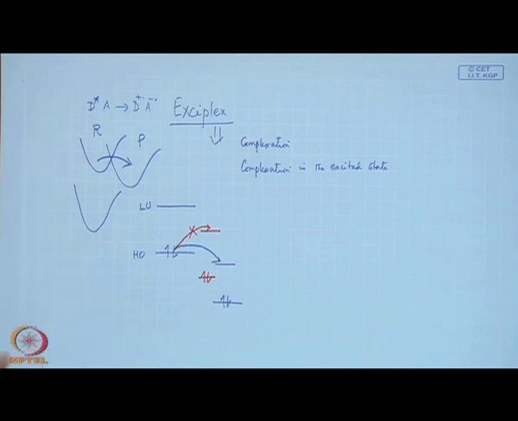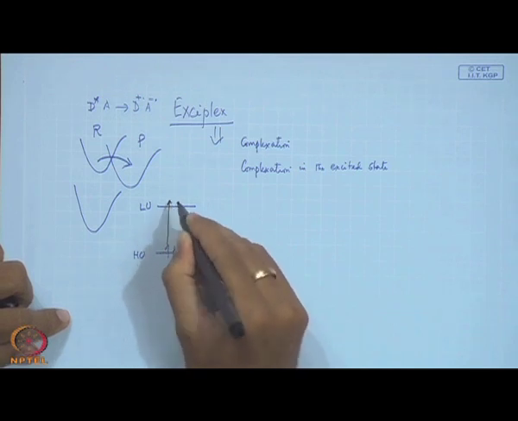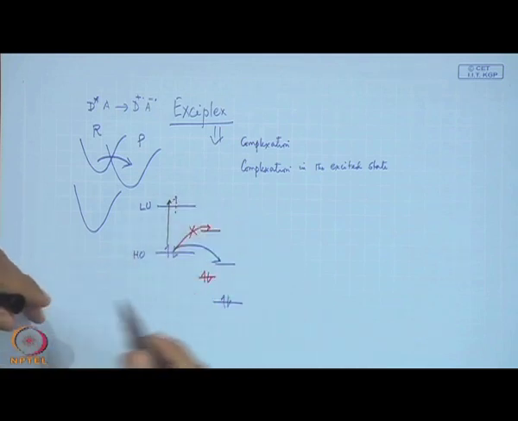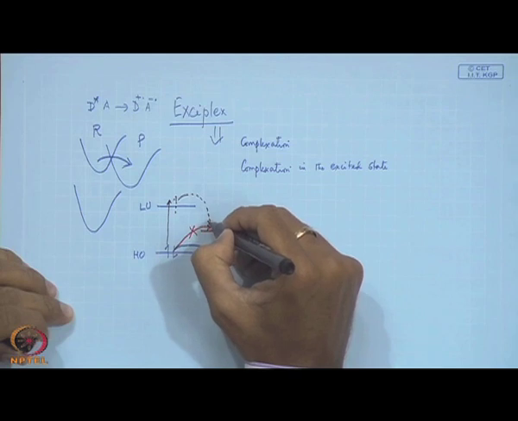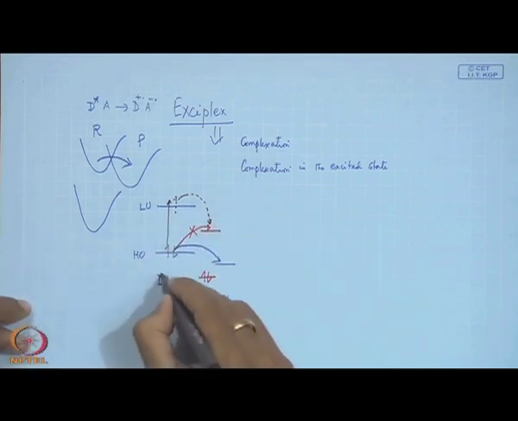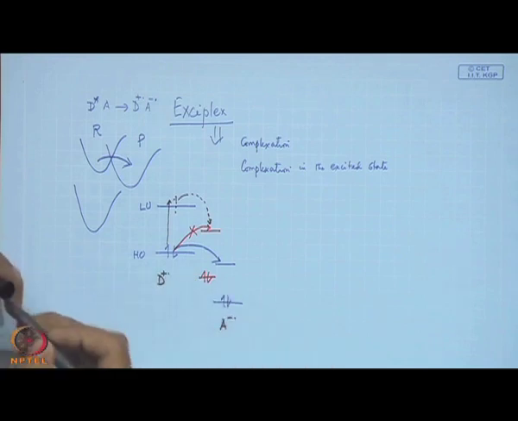So in that case what to do? The best thing, as I explained, is to excite the electron over here so that it comes up, and then it can be transferred to the acceptor, giving rise to donor plus dot and acceptor minus dot, and this happens only in the excited state.